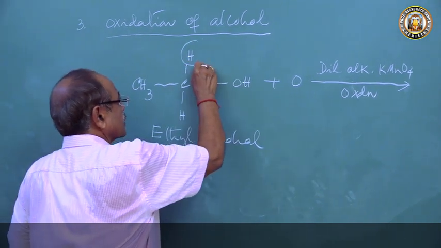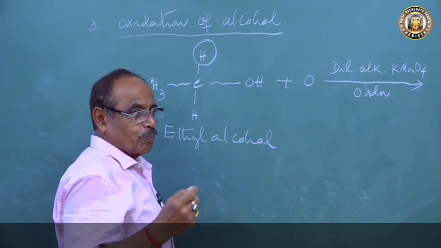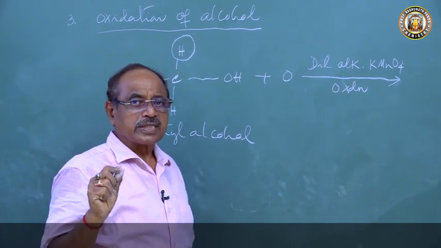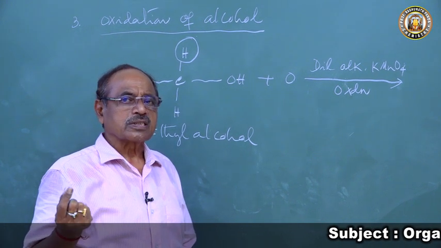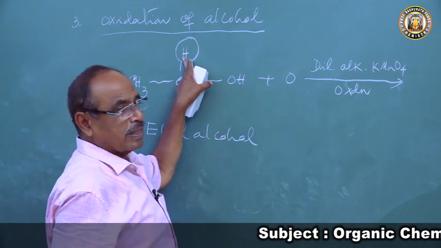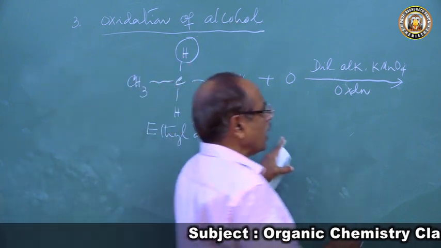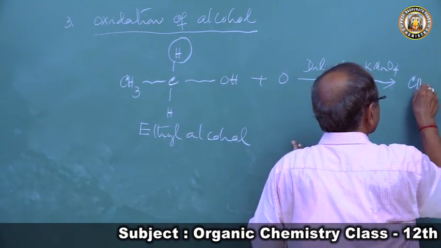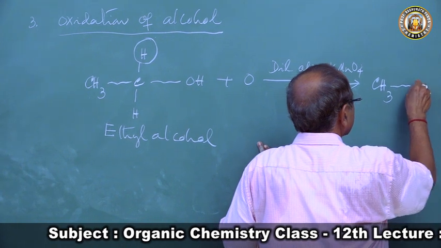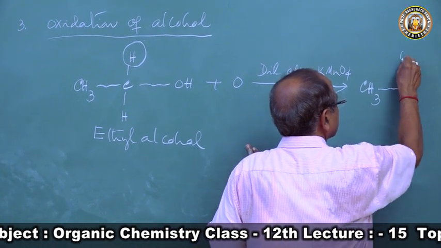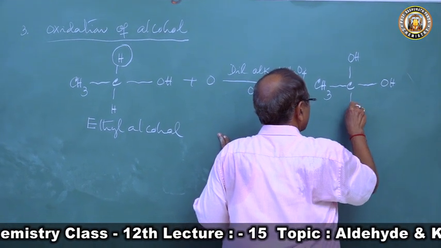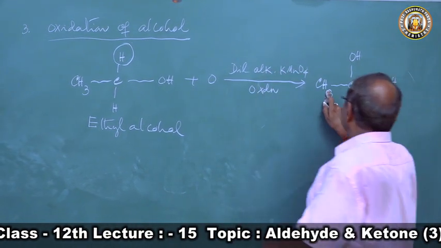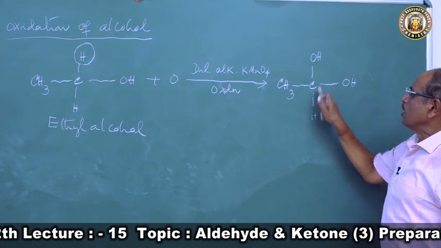The H will be oxidized to OH. This is a clue: during oxidation, the active hydrogen atom present always gets oxidized to OH. So this H will become OH. So what will happen now? You get CH3CH(OH)OH.